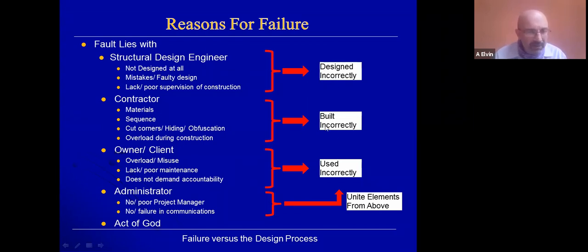It could also be built incorrectly. The mistake could be here. Or it could be used incorrectly. The mistake could be here. And the person or the group that connects all people or all groups in the construction process could have also failed. So the uniting of all the elements in the construction could be missing or faulty.